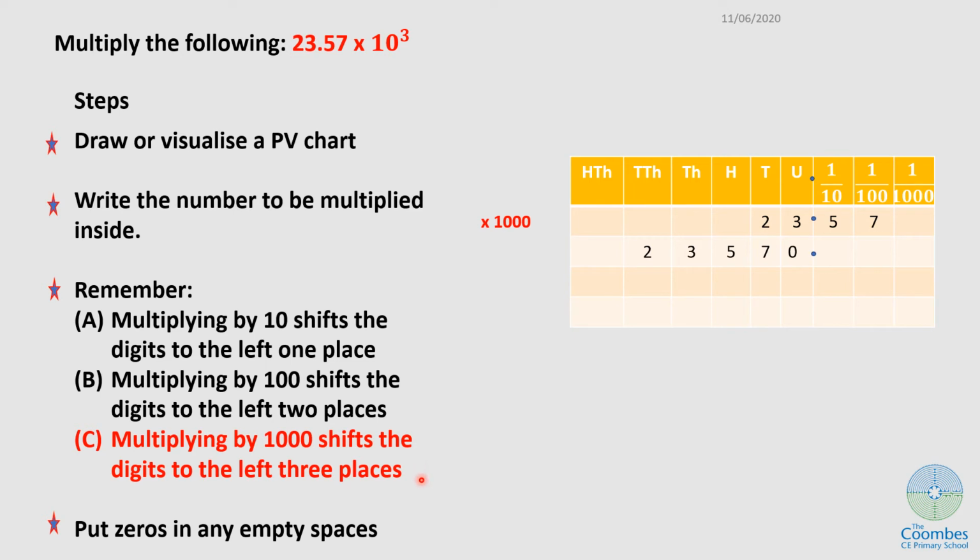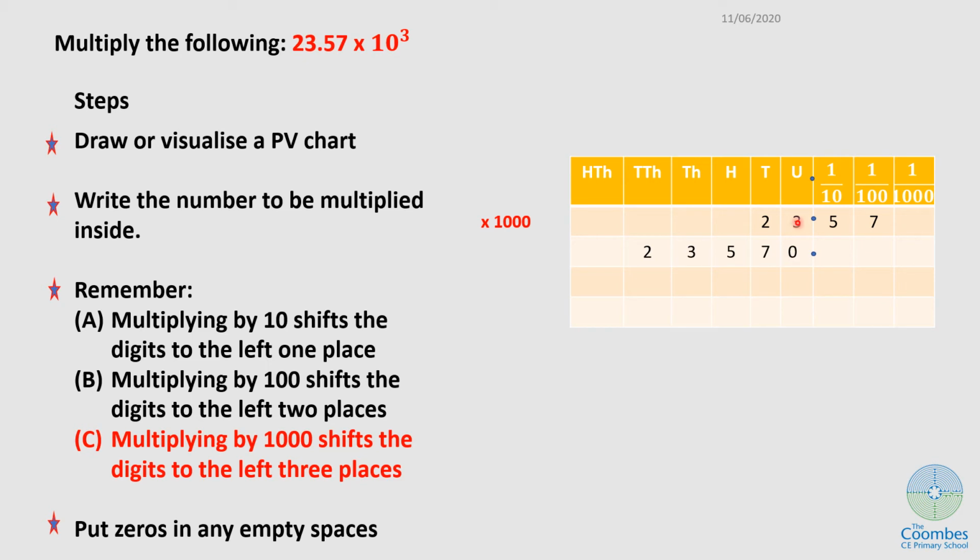Now, I know I have to use one of these. When I'm multiplying by 1,000, the digits shift to the left 3 places. So let's apply that. This 2 will shift 1, 2, 3, so it's going to be in this column, which is here.